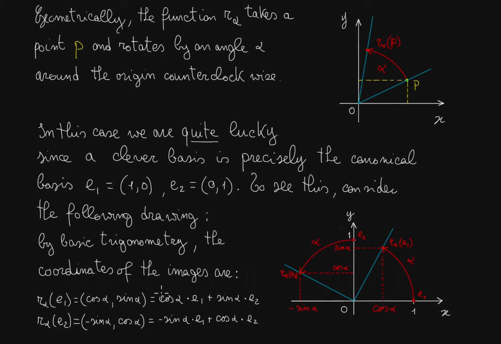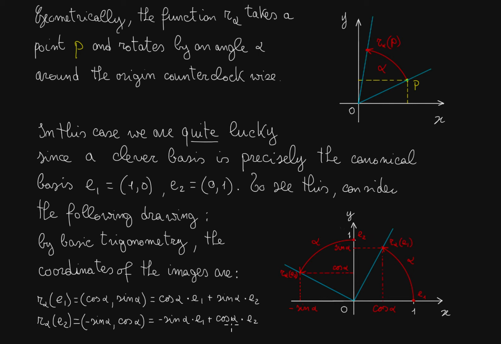So we can write these images in function of the canonical basis of the codomain. Remember that we are considering canonical basis for the domain and the codomain. And any vector of coordinates (cos alpha, sine alpha) is expressed as a linear combination of the canonical basis by taking the coordinates as coefficients of the two vectors E1 and E2.